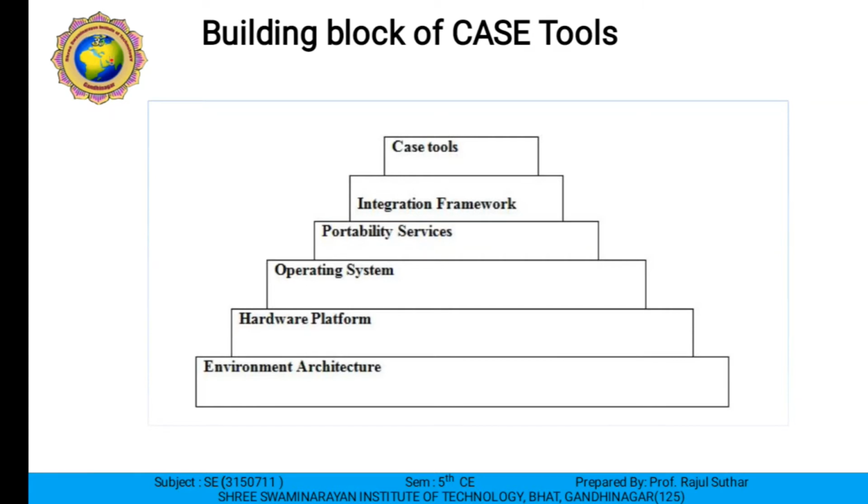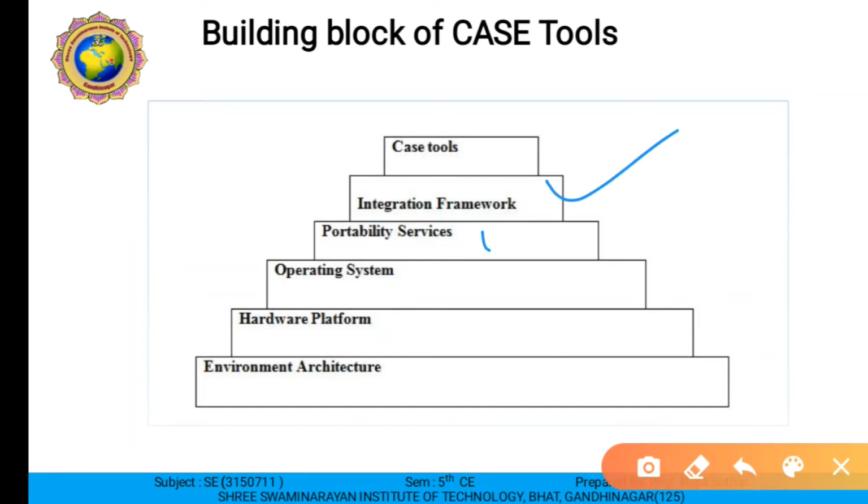Here are the building blocks of CASE tools. So let me discuss the CASE tool. It is the topmost tool, integrated with all other phases with the service provider. It provides the integration framework, portability service, operating system, hardware platform and environment architecture.